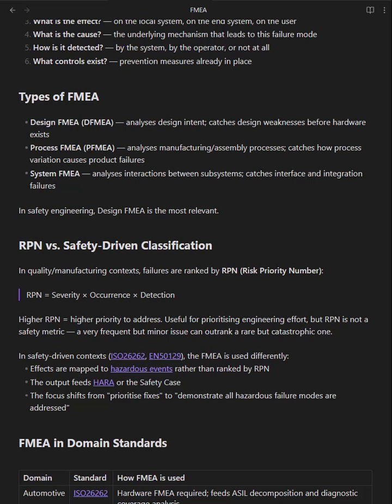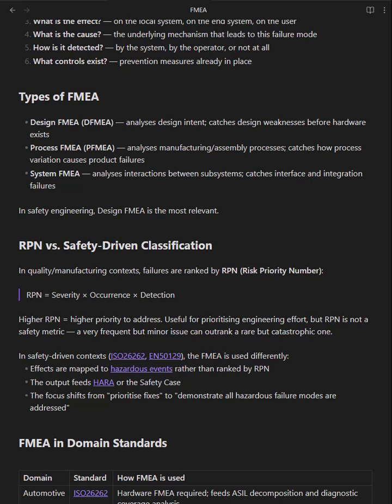So the FMEA here is used in different aspects. The effects themselves are mapped to a hazardous event that describes a specific accident. So it describes what the hazard is, what the potential source of risk is, and it links it to the potential existence of a human, for example, in the radius of that source of risk.